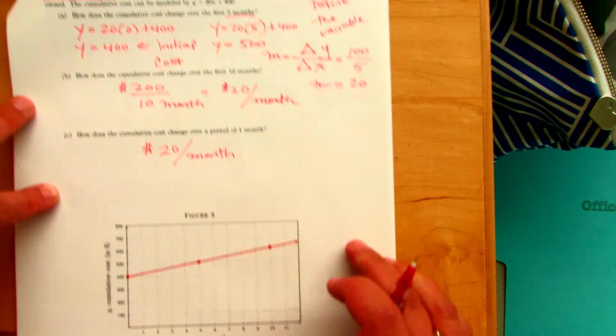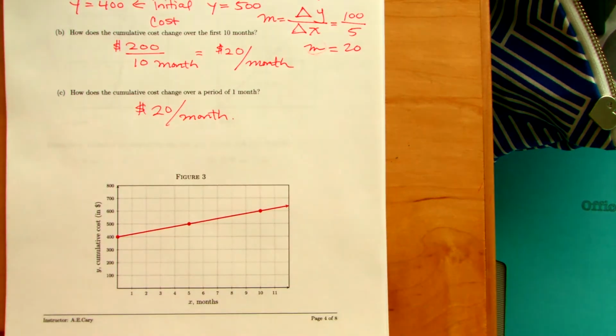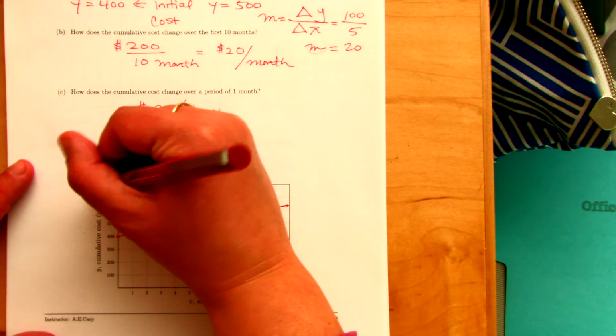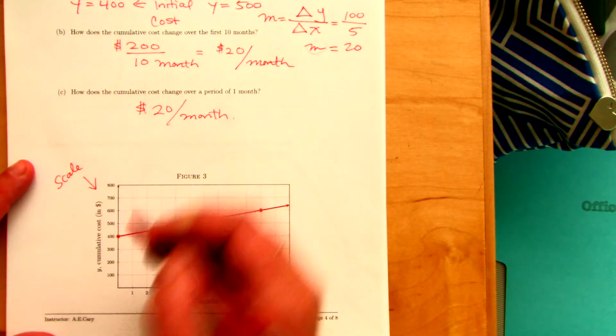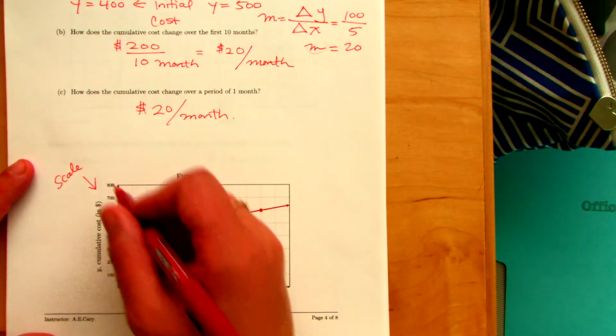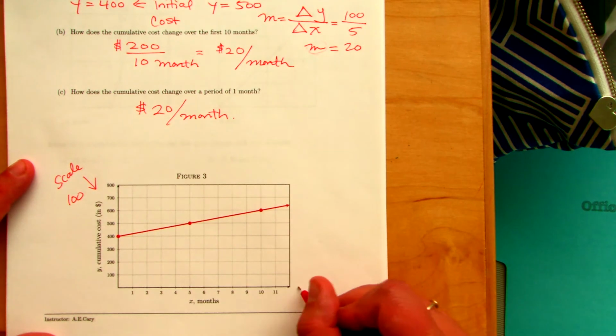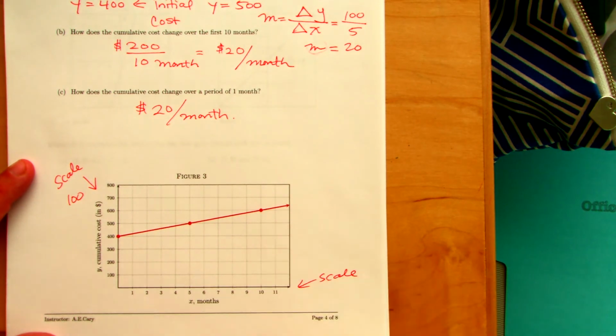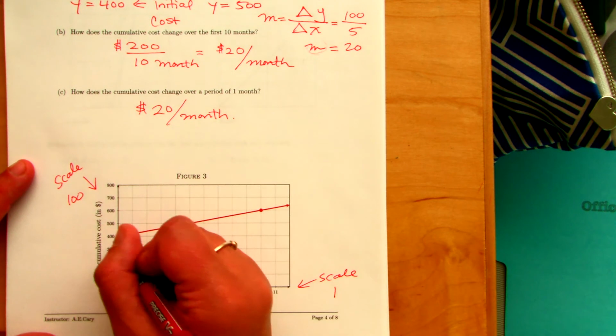So when we look at the graph here, let's notice some things about the graph. What is the scale that is being used on the y-axis? 100. Each line counts for 100. What's the scale that's being used on the x-axis? 1. What about this point?